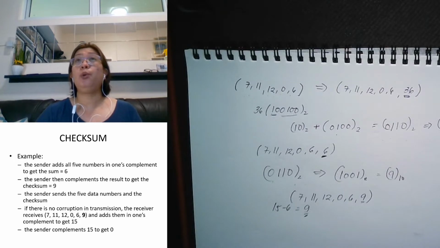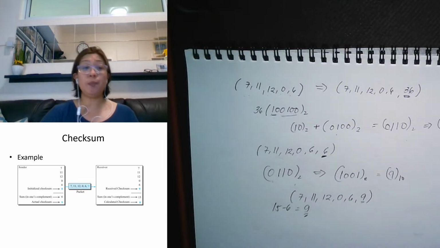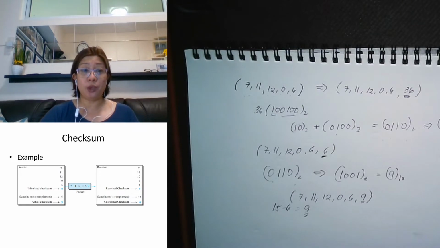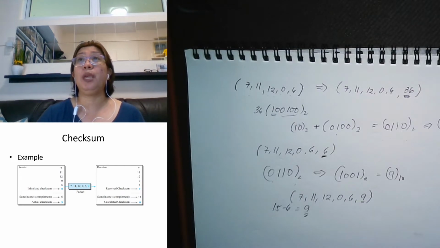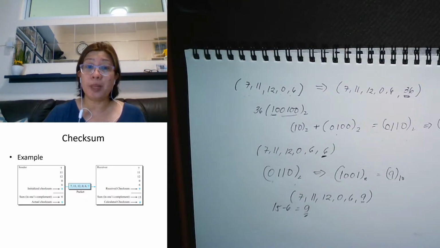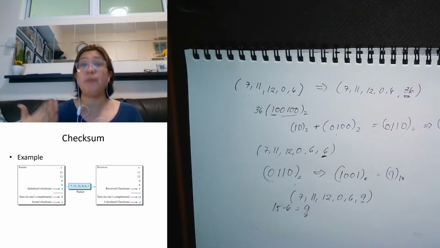We can simplify. We can use this figure to show the process. As you can see, we initialize the checksum. The answer is 6. We have already discussed how we arrived at 6, and then we complement 6, and the actual checksum is 9.